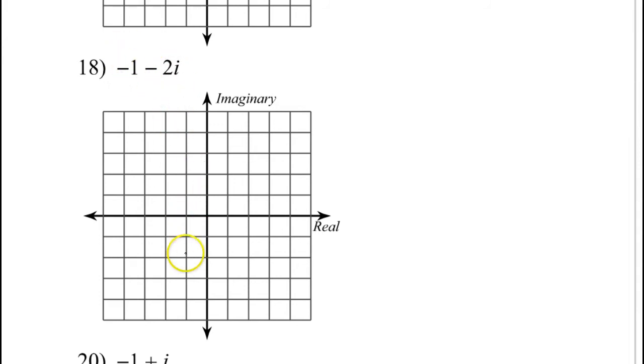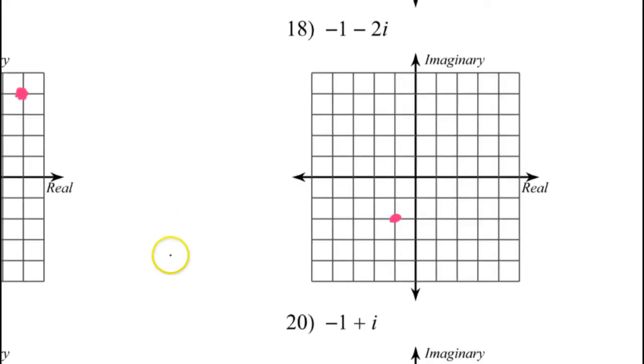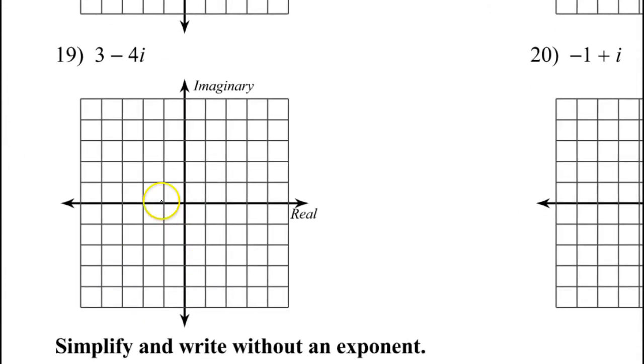So I'm going to go left 1 and down 2, and this is where you would graph -1 minus 2i. Okay, for 3 minus 4i, that's going to be right 3 and down 4. So right 3, down 4, 3 minus 4i is graphed here.